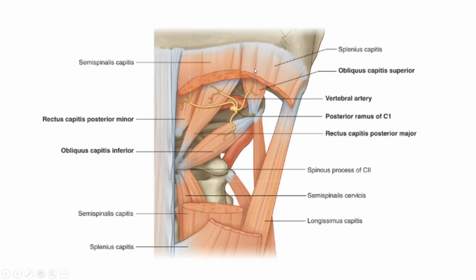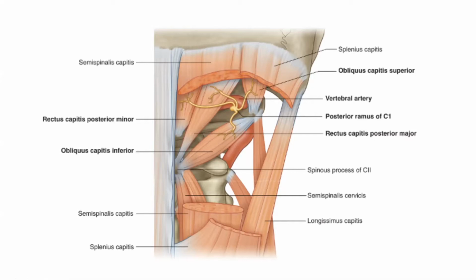It innervates the muscles of the suboccipital triangle, which is bordered by the obliquus capitis superior, the obliquus capitis inferior, and the musculus rectus capitis posterior major. So this makes the triangle which is called the suboccipital triangle, and some part of the semispinalis capitis can also be innervated by this nerve.